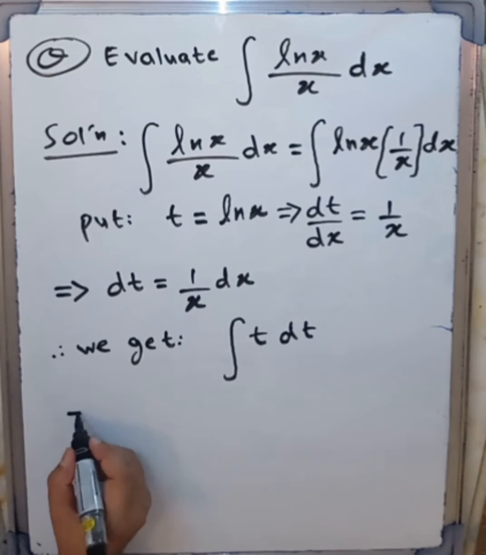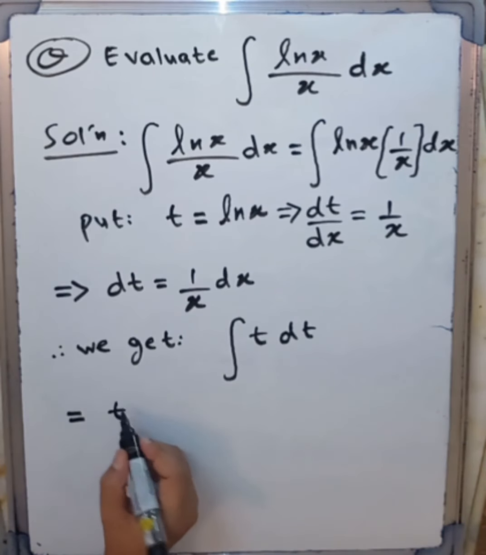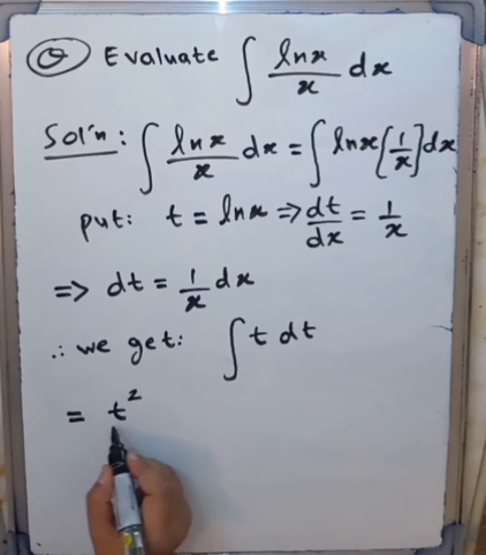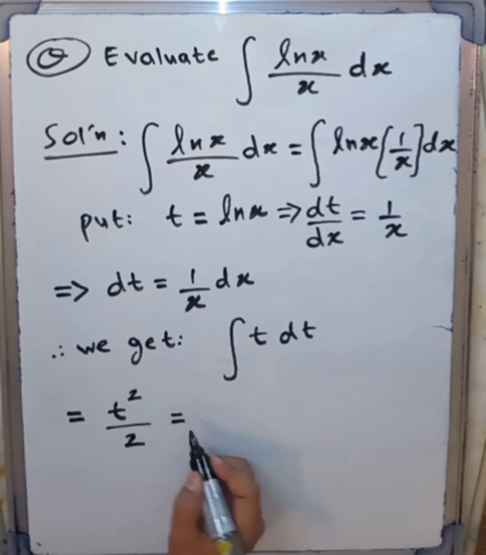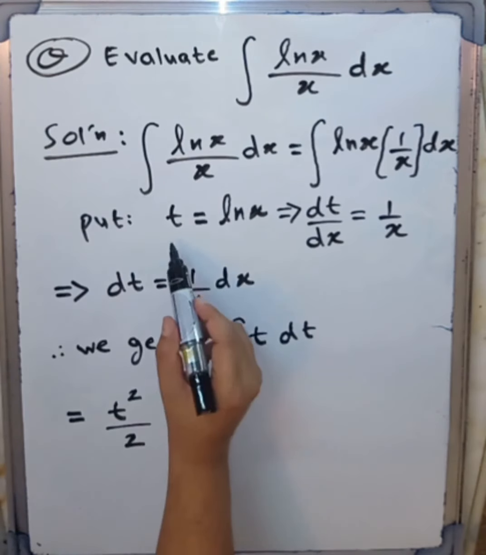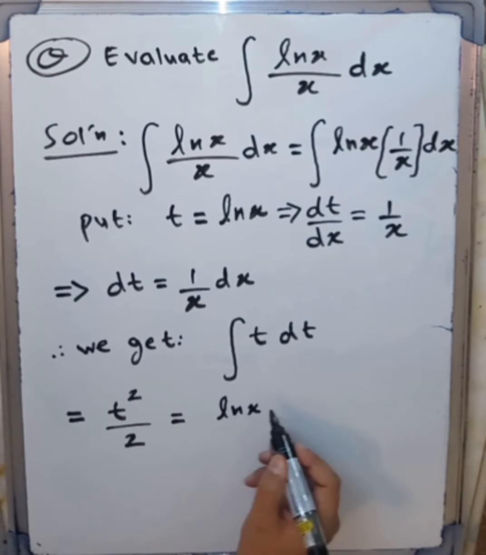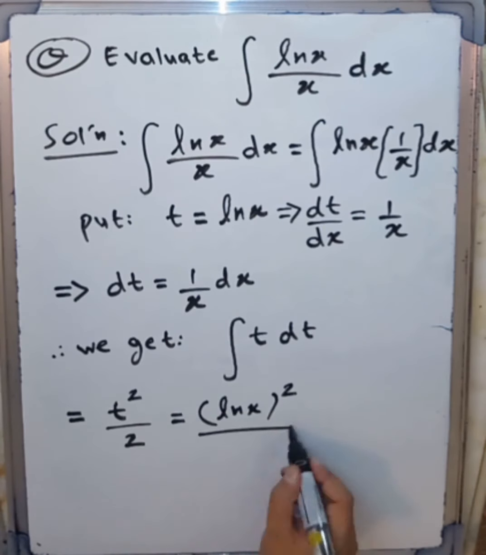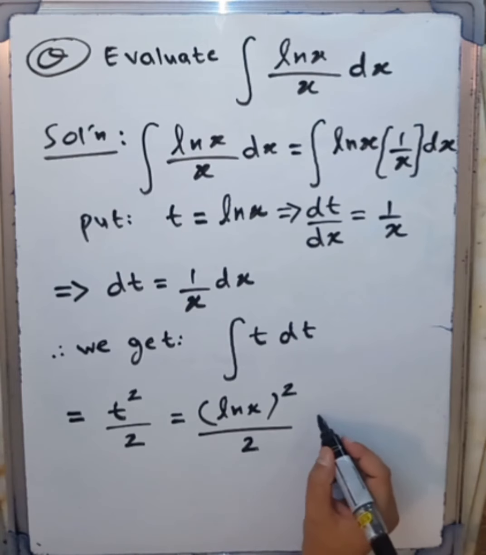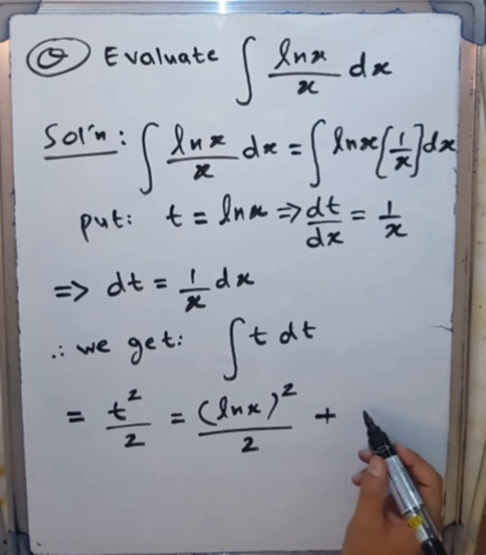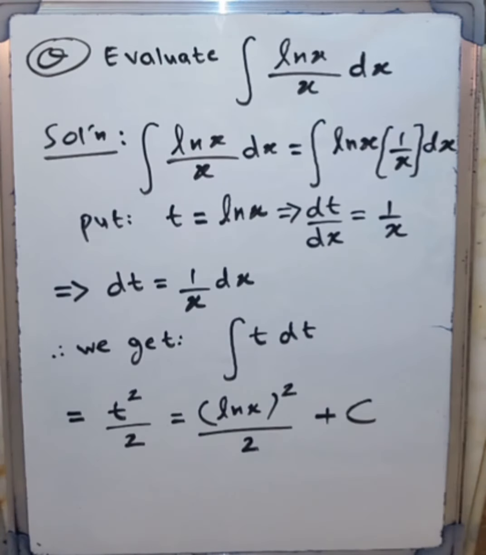And this becomes t power 2 over 2. Now putting back the original value of t, that is ln x, we get ln x power 2 divided by 2. And at the end, we will add the constant of integration. This is our final answer.